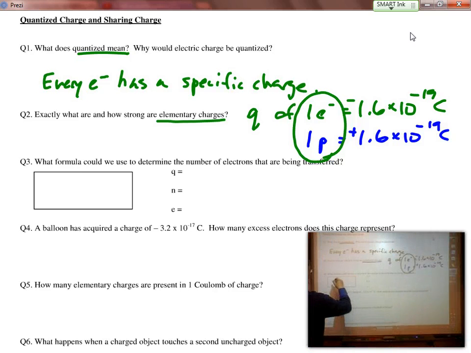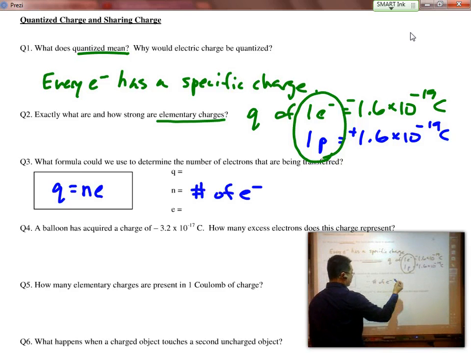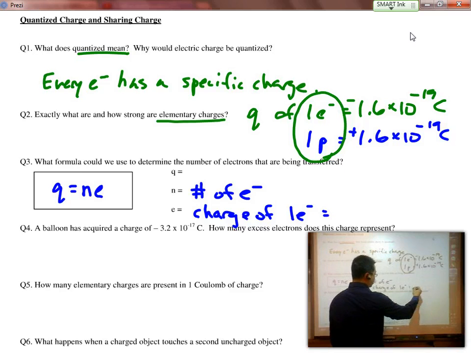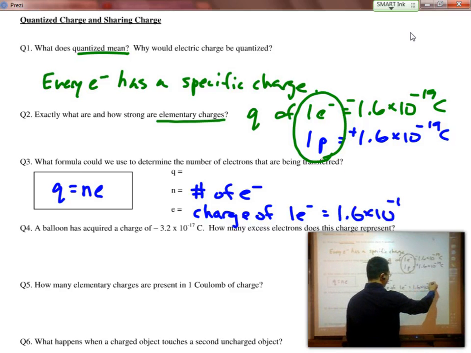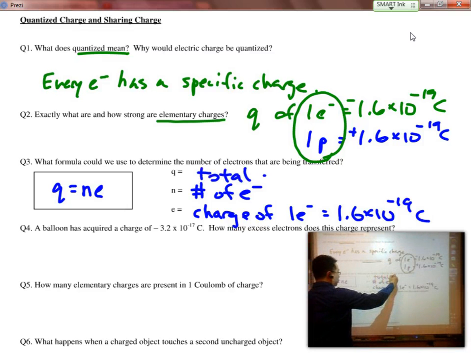And we can use the formula Q equals NE to think about that, meaning that N is the number of electrons, or number of elementary charges, and E is equal to the charge of one elementary charge, or electron, which is 1.6 times 10 to the negative 19 coulombs. Q would be the total charge.